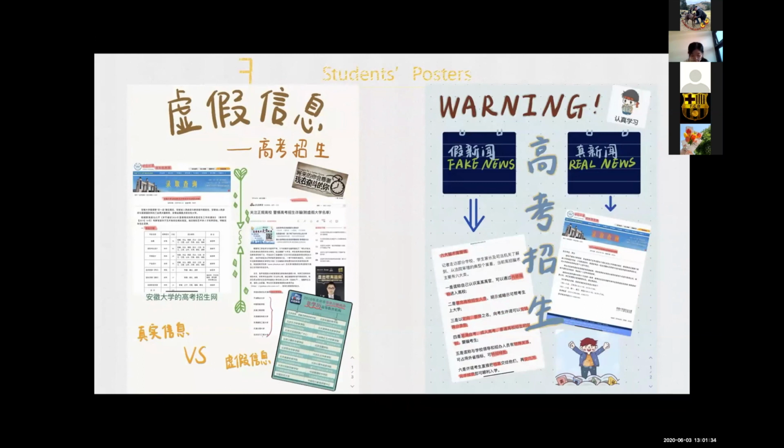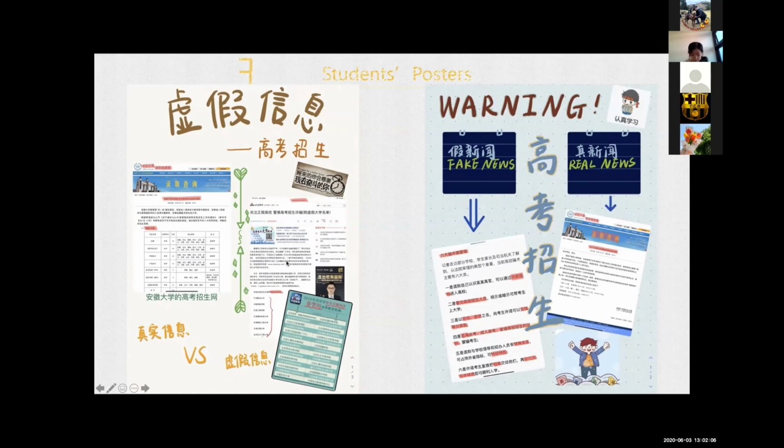In these posters, they compare the information of college entrance examination and enrollment from the two aspects of true and fake news. Taking Anhui University as an example, useful information needed by candidates can be found on the website of Anhui University admissions, such as the enrollment plan, enrollment regulations and many other information.